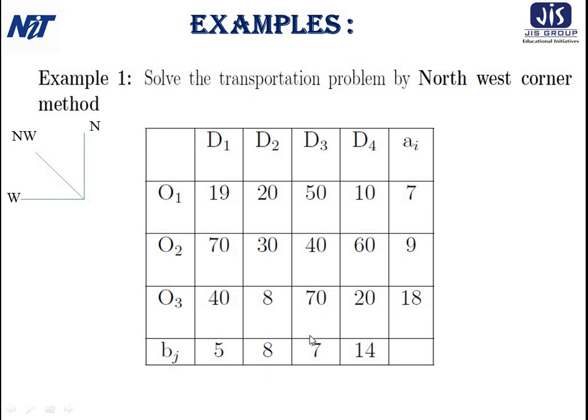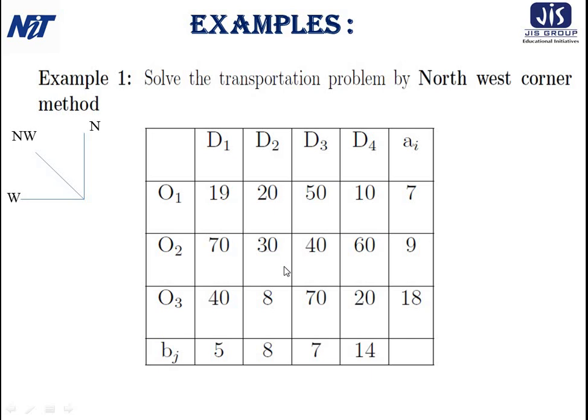Which one is minimum? 2 and 8, that is 2. So we can supply 2. So now the requirement of the origin O1 will be satisfied, and the destination requirement will be decreased to 8 minus 2, that is 6. So now after supplying 2 units in the cell O1 D2, the northwest corner cell will be O2 D2.